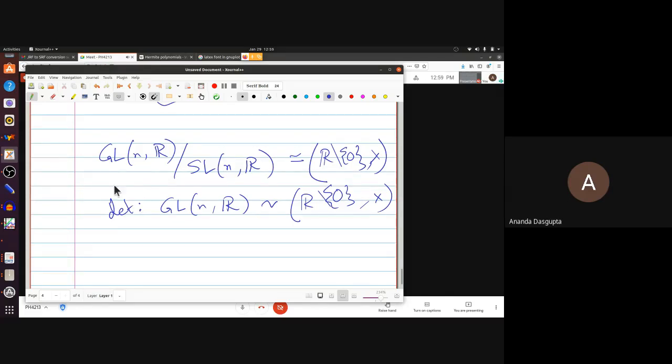If you remember, GLNR by SLNR: the cosets are collections of matrices, each of which has the same determinant, all clubbed together. Many elements are being mapped into the same element, so that could not be an isomorphism.